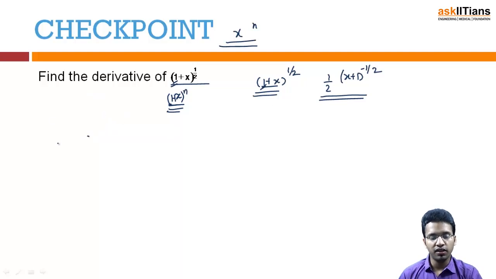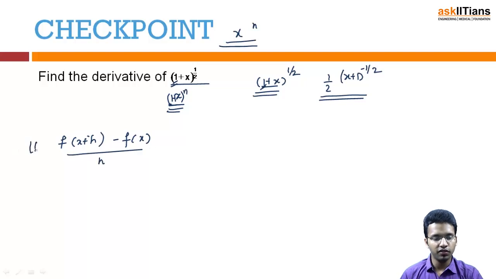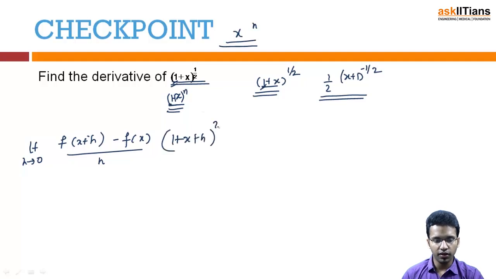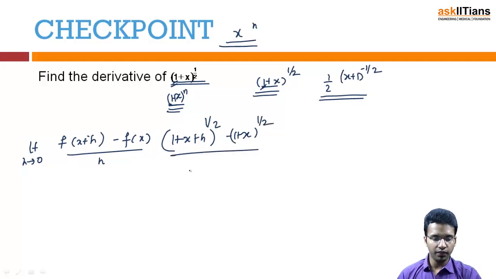Now by first principle again. I don't think it's required, but I'll still do it because it will make it clearer to those who are still not able to get the concept. This is what our first principle says: x plus h gives me (1 + x + h) raised to power half minus (1 + x) raised to power half, divided by h.